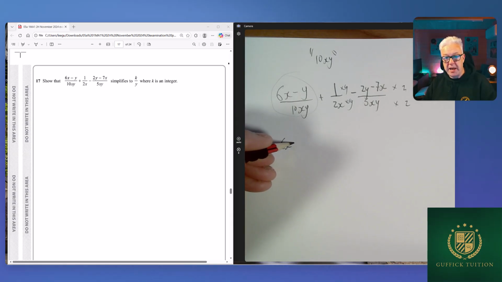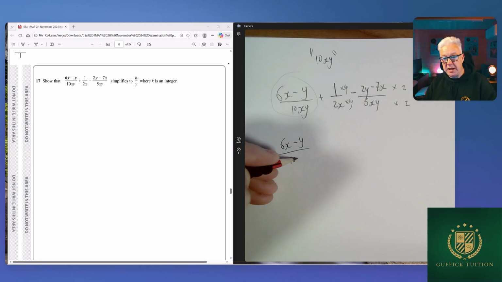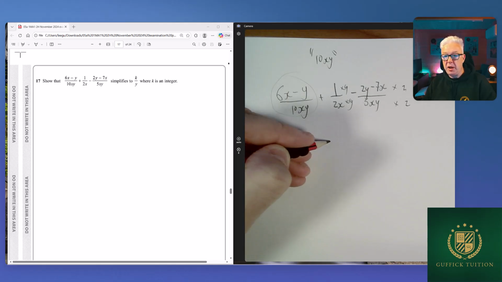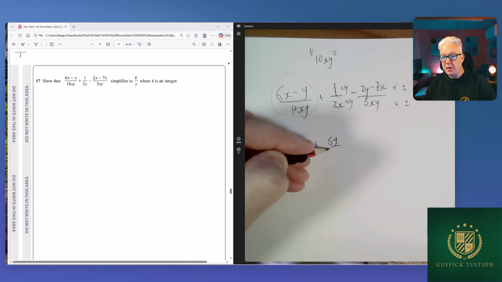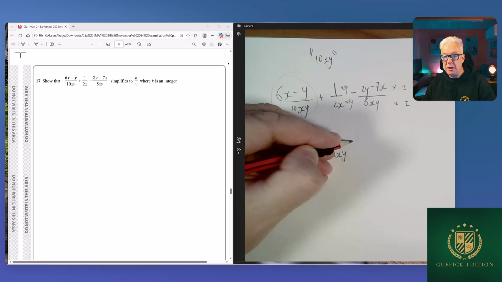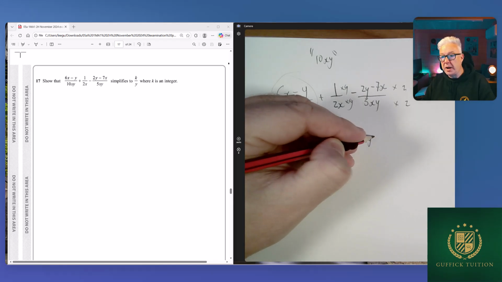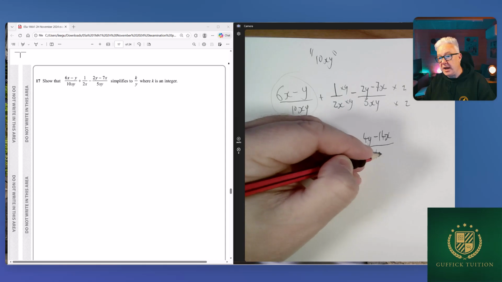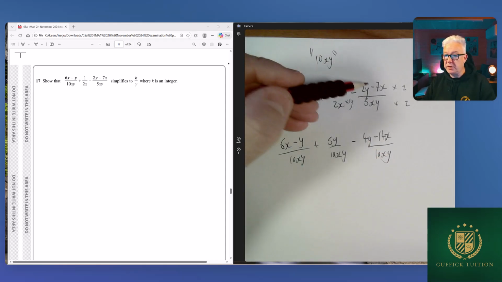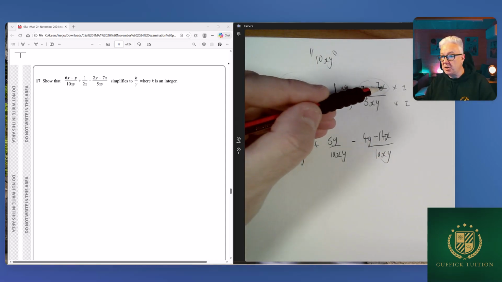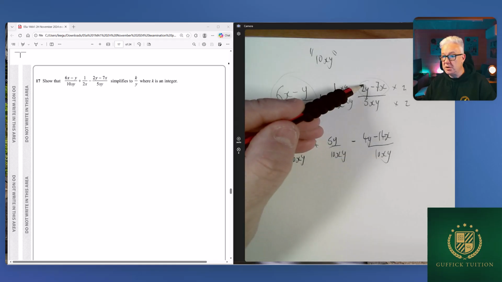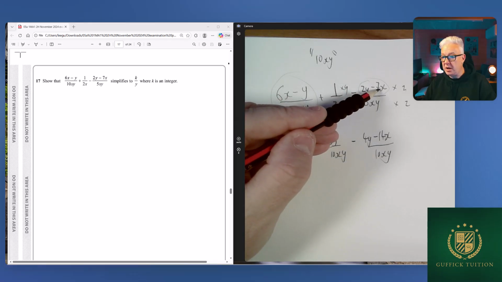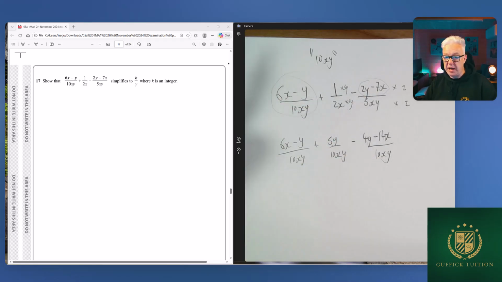We've now got 6x minus y over 10xy plus 5y over 10xy minus 4y minus 14x over 10xy. So all I've done, notice I've doubled the numerator and denominator of this fraction. 2 became 4, 7 became 14, and 5 became 10.